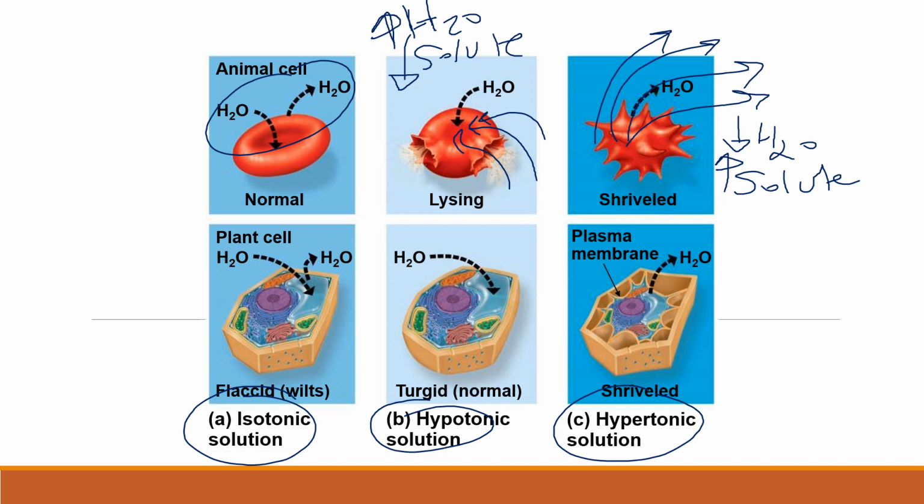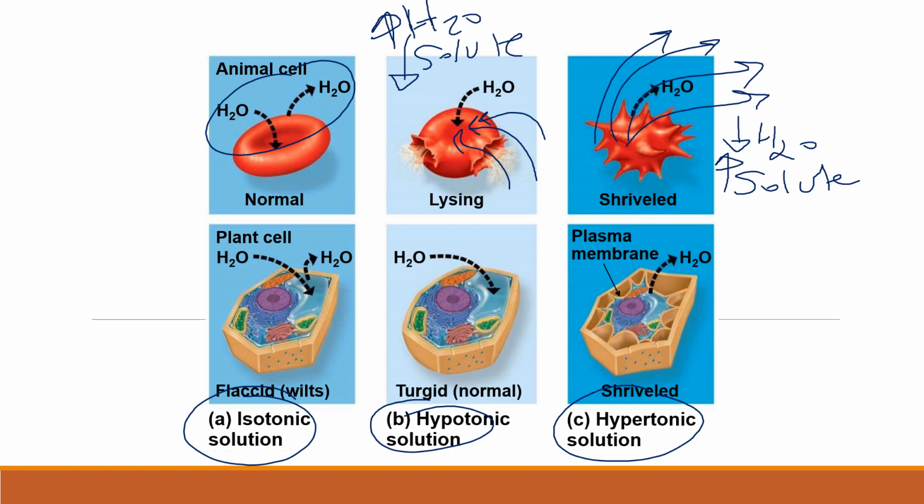And so therefore, nothing is going to happen to the size of your cells if it was to be placed in an isotonic solution. And so when a patient goes to the hospital and they hook them up to an IV bag, the best IV bag to be hooked up to would be an isotonic solution because you don't want anything to happen to the size of your cells.